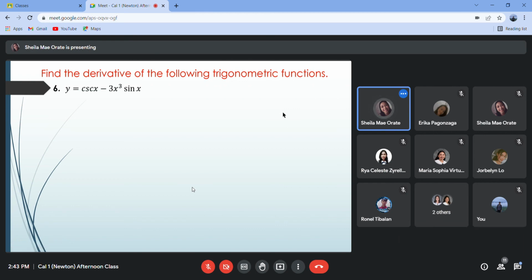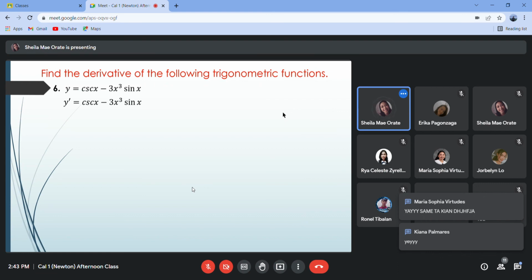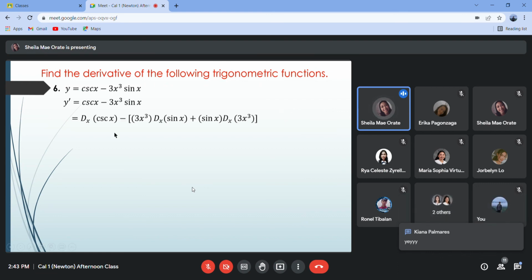Let's check. So we have cosecant x minus 3x cubed sine x. Sige. So ang gamiton diri is difference rule, and kani nga function ang i-apply diri is product rule.